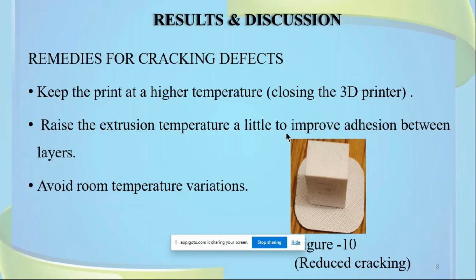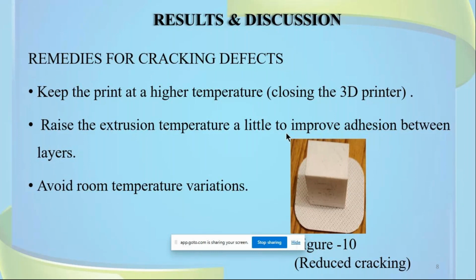If we print at a higher temperature, then we have to use a closed environment for the 3D printer. Raise the extrusion temperature a little to improve adhesion between layers, because by increasing the temperature we can improve the adhesion between two layers, and our product gets improved and cracking defects are prevented.